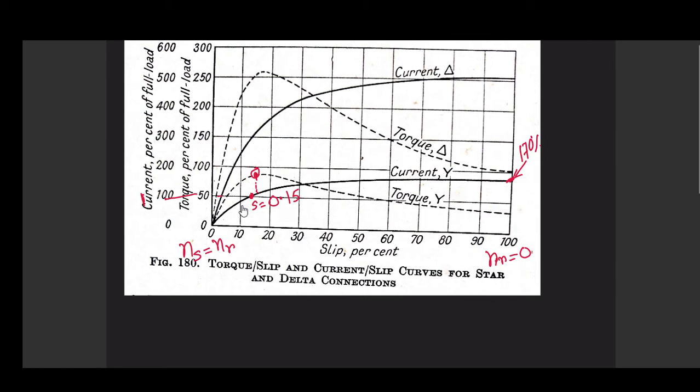That means the total current is 100%, but you can get maximum torque if you somehow allow a flow of current that is higher than the rated current. So there is a chance that you may get it.